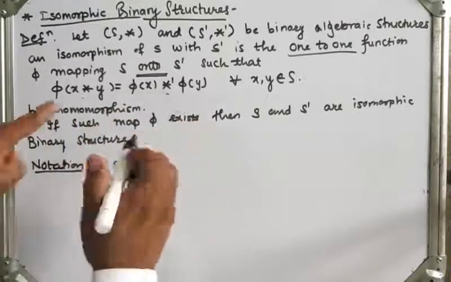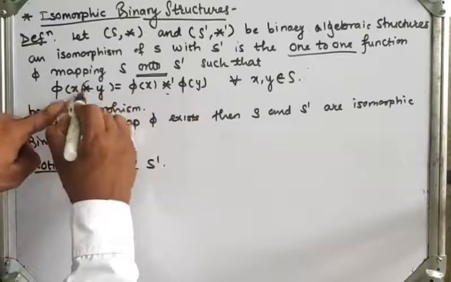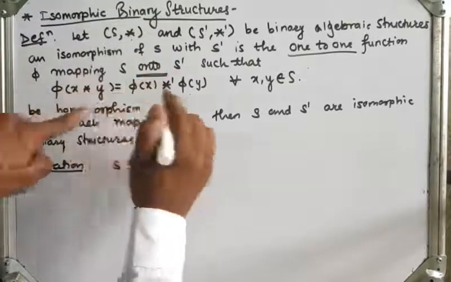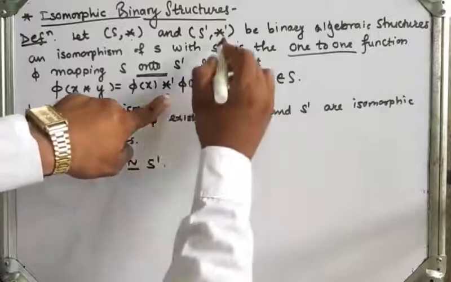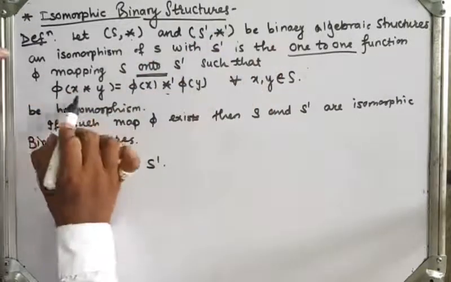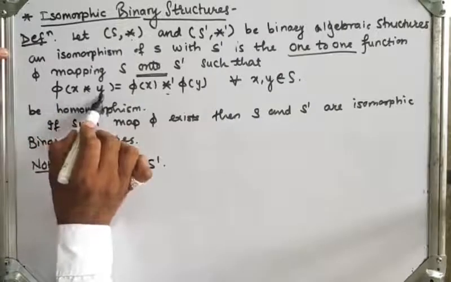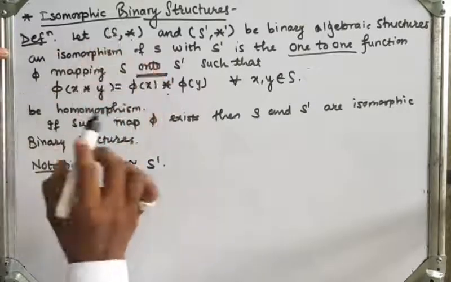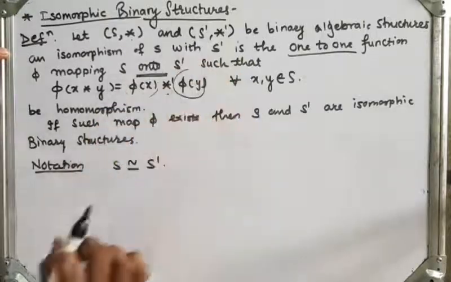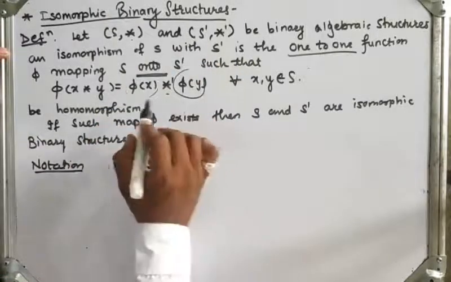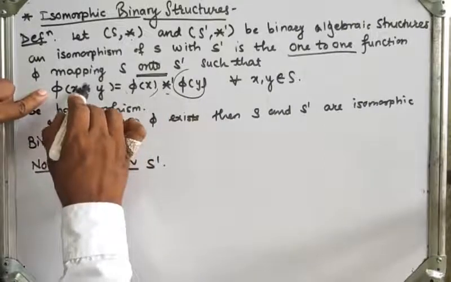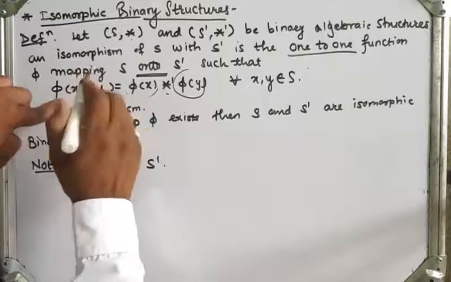Here this star operation is from the first set and this operation star dash is on the second set. Here in phi of x star y, x and y are from set S, and phi of x and phi of y are from set S dash. So here phi of x star y, this is the internal binary operation, which is the star.